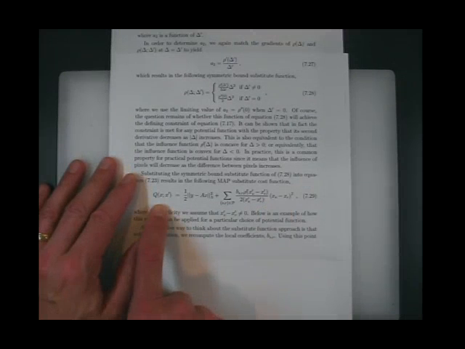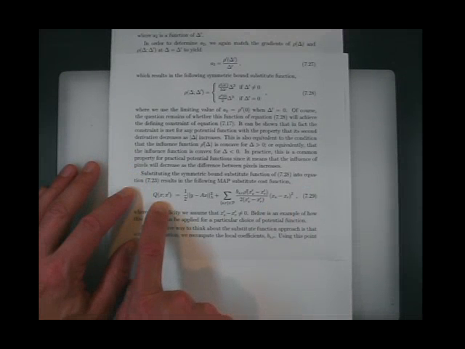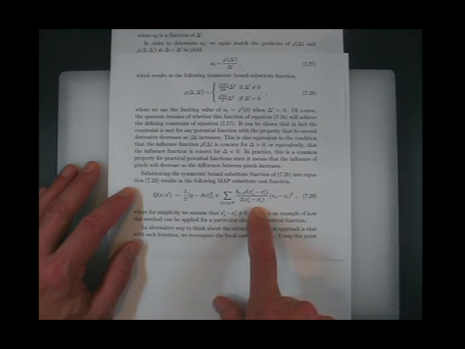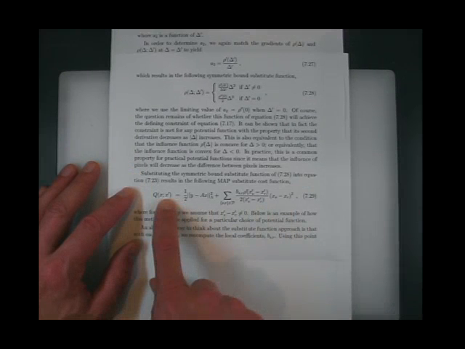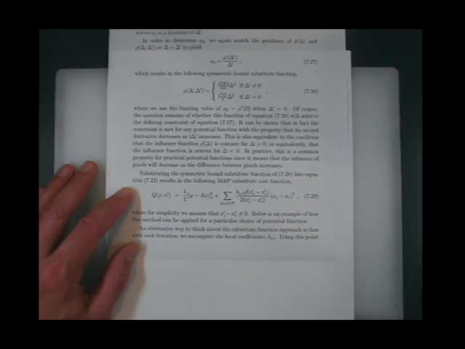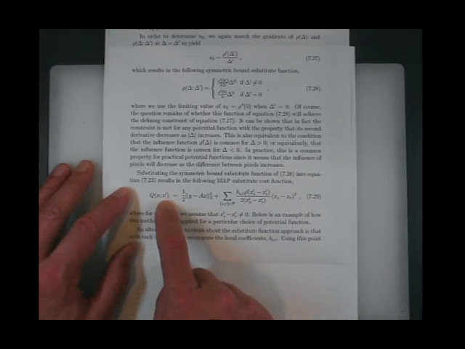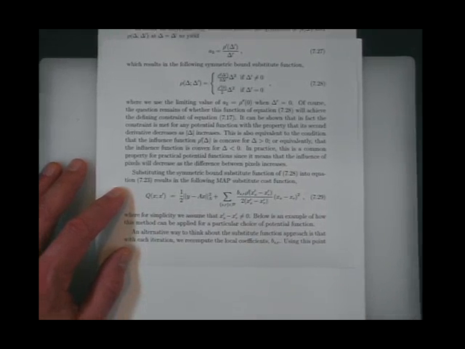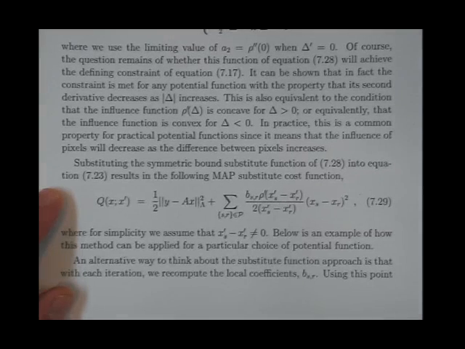Okay, so this is the equation we talked about last time. So this becomes what we call the Q function. If we're doing the optimization, and our current state of the optimization is x prime, right?